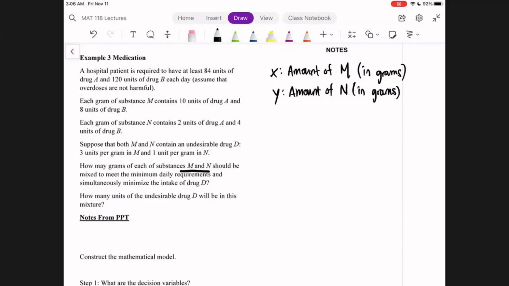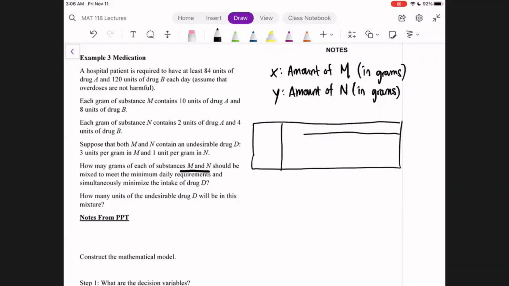So if you make our table from before, remember we have drug A amount, drug B amount, okay? And then we have a substance M and N. So we make our table. So we have M, N, and then the minimum that we need.